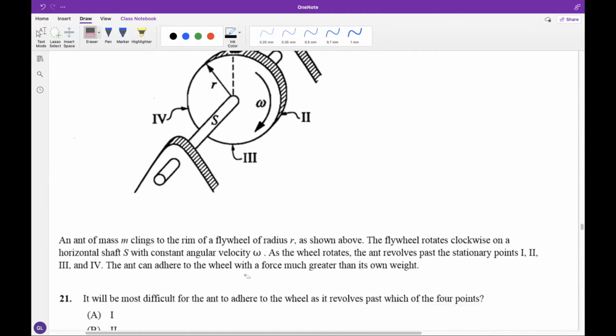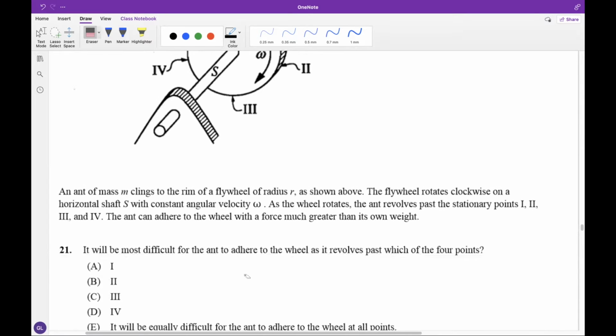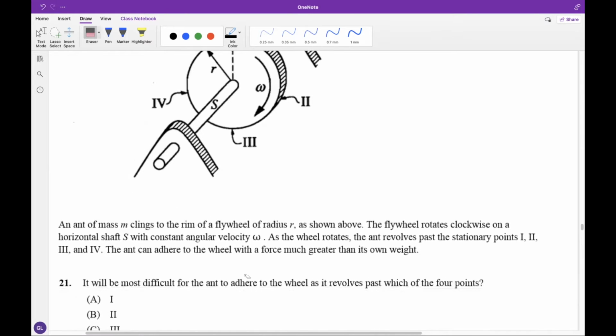So a little bit of randomness here is okay. All right. So this question is asking, when is the force from the ant going to be the greatest? And we're just going to call its grip force F ant, the force of the ant. So this is the ultimate question we are trying to answer.